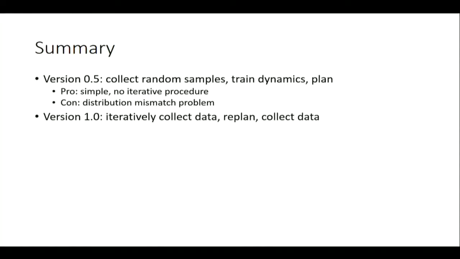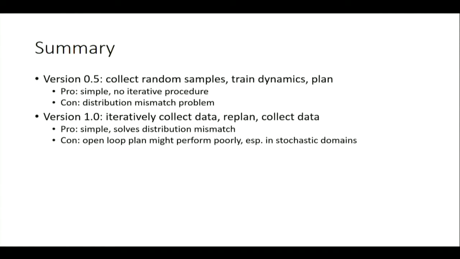So that leads us to version 1.0, which is sort of the first example of a standard, reasonably effective model-based RL method, which is that you iteratively collect your data, replan, and then collect more data. The advantage of this is that it's simple and it solves the distribution mismatch problem.